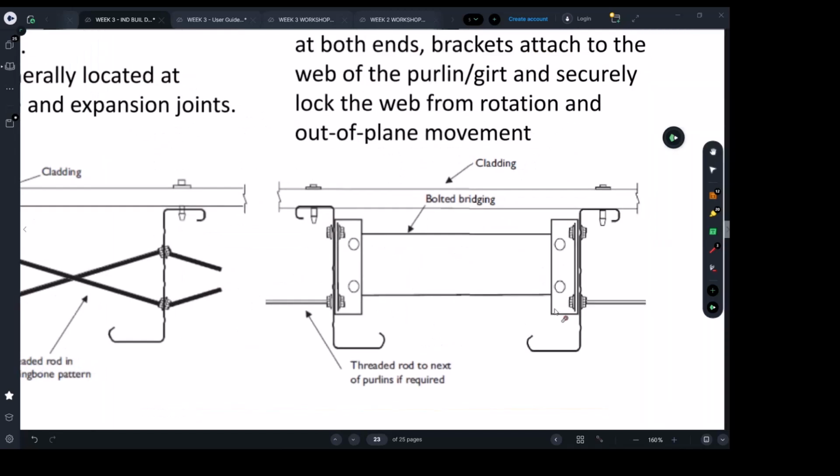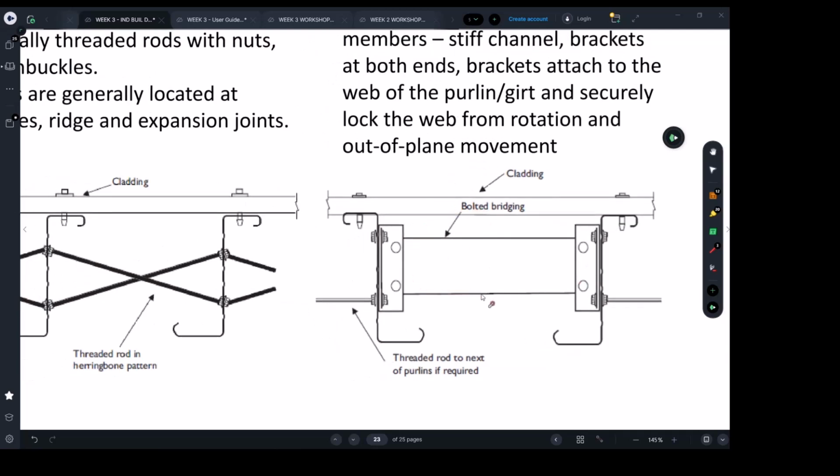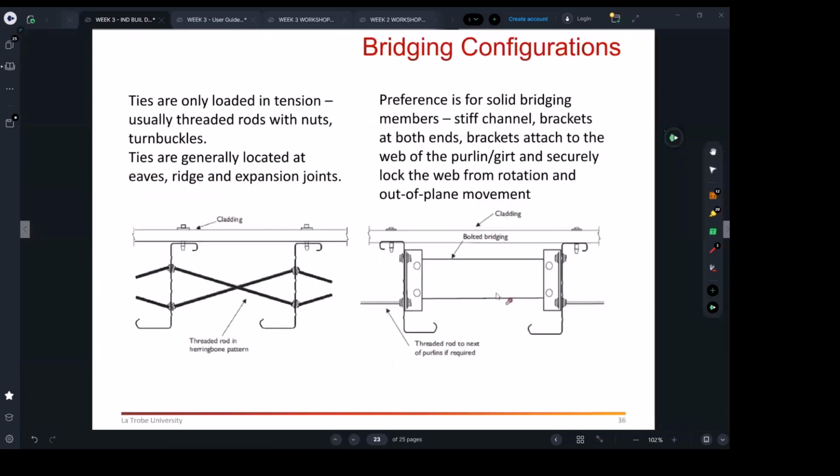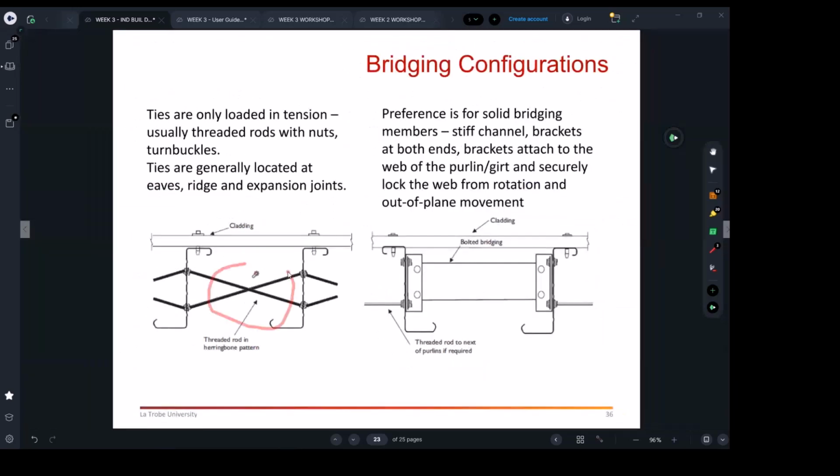As I said to you, the bridging is just going to be running between one purlin or girt to another. And most likely you won't see them in the girts because the girts have the holding down bolts. You will see the bridging in the purlins in the roof, and there are different types. You've got this type, or like lightweight, or this one. It's again whatever comes from the manufacturers.